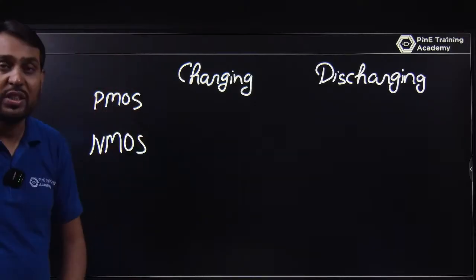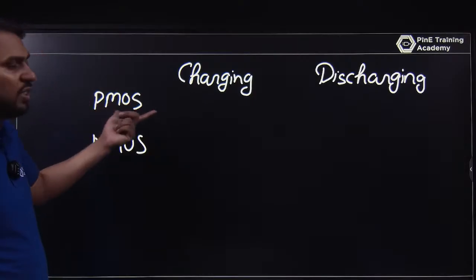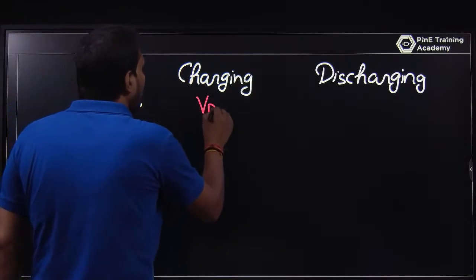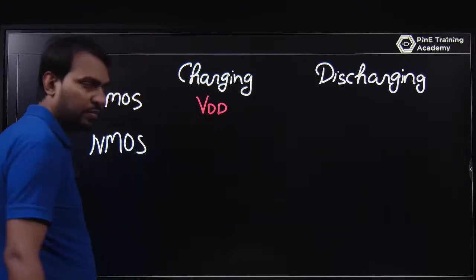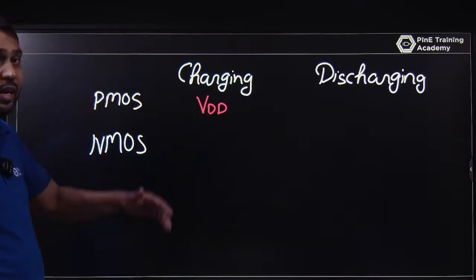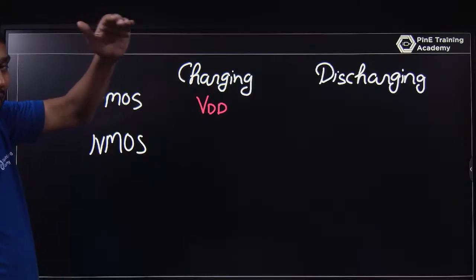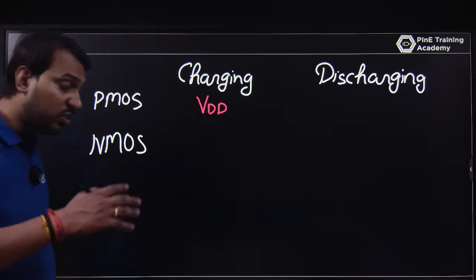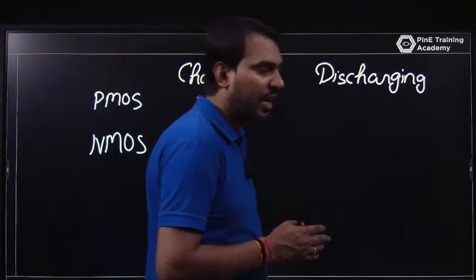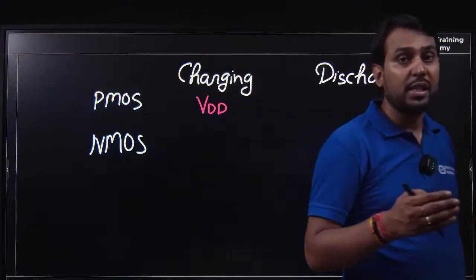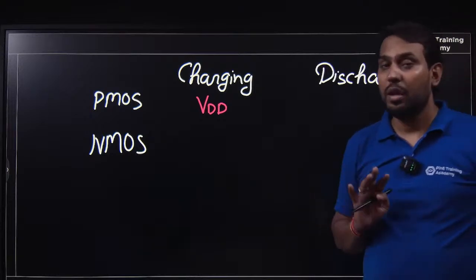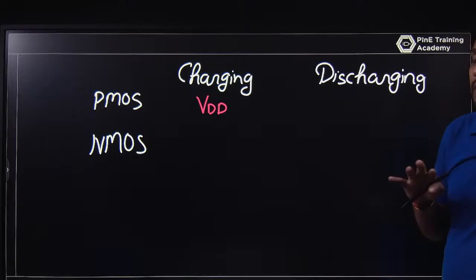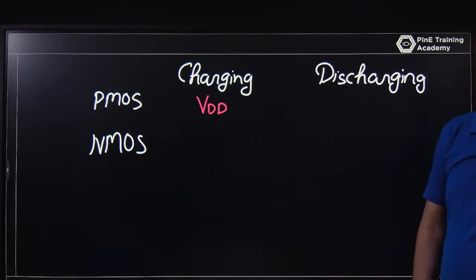PMOS is good for charging: the gate voltage is 0, and the capacitor can be charged to VDD voltage, where the source side has VDD and the gate side has 0. So VSG is always greater than mod VTH. So the drain current is properly flowing, and the drain current may be in linear or saturation, but the capacitor can be charged till VDD.